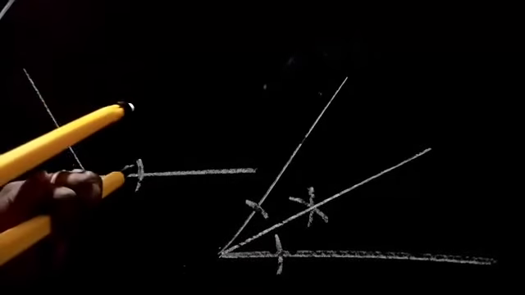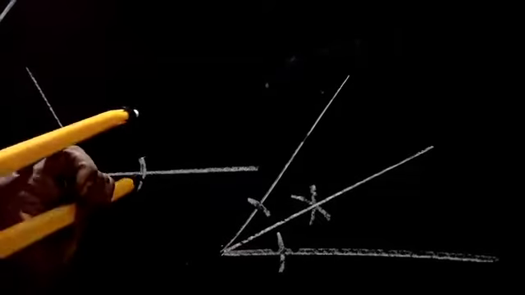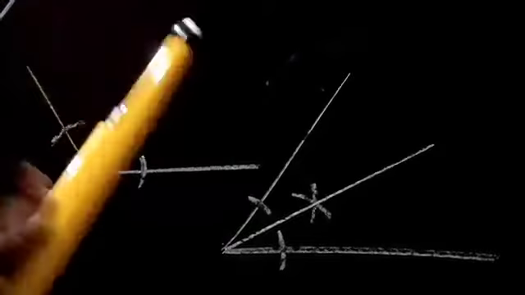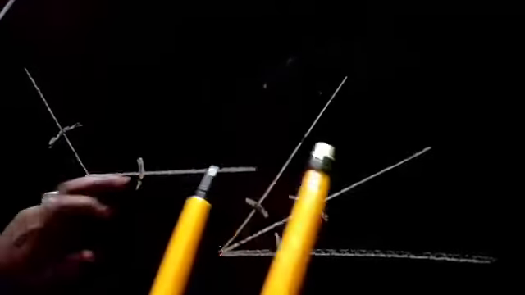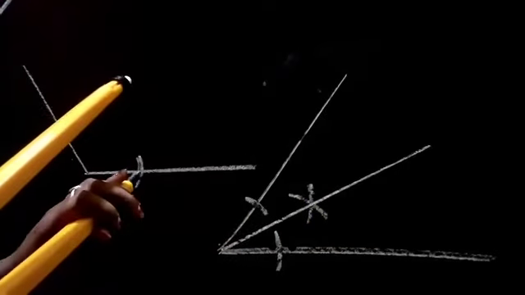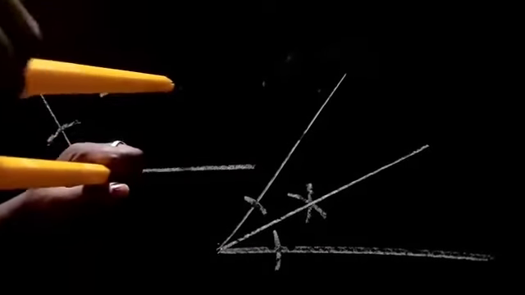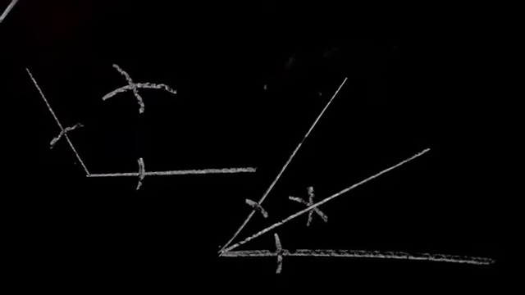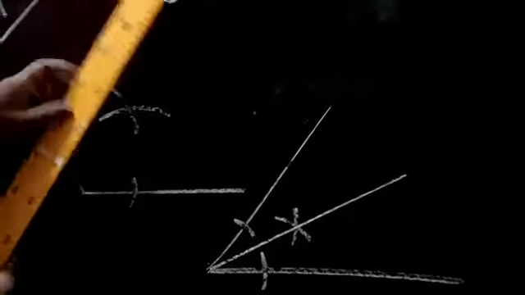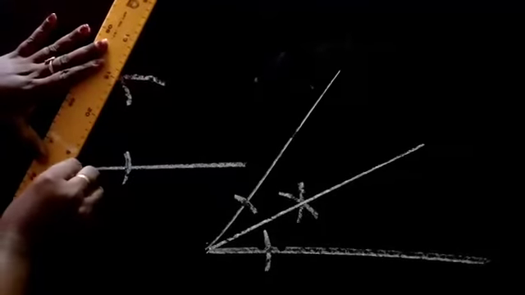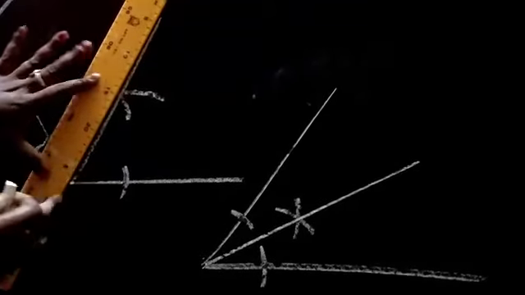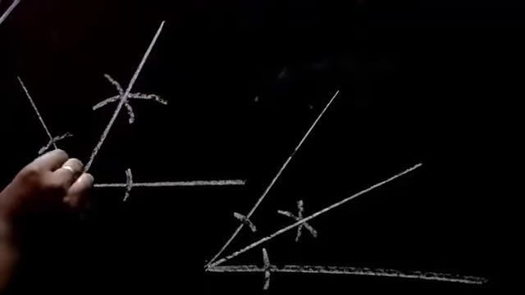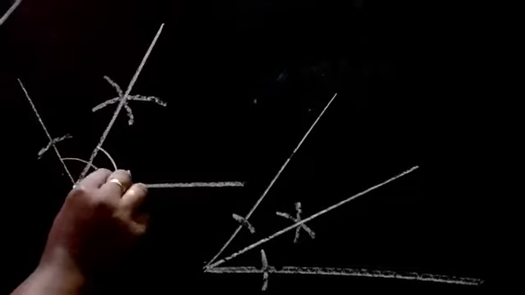Then the same measurement, or we can change it also, but once you change, that same measurement should be there for the two sides also. Again from here to here, third arc, second arc to fourth arc. Then we have to make the line from the arc to the vertex. Now we are going to bisect this angle and this angle.